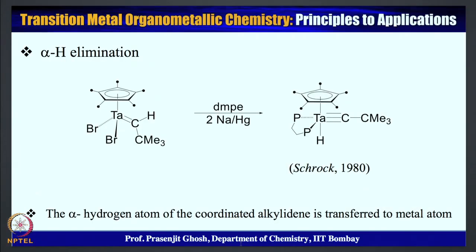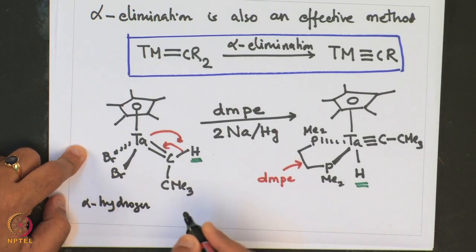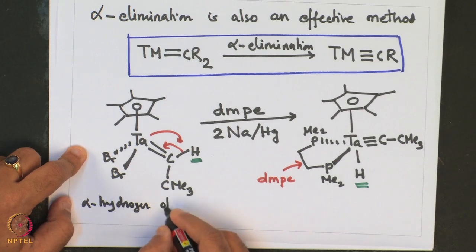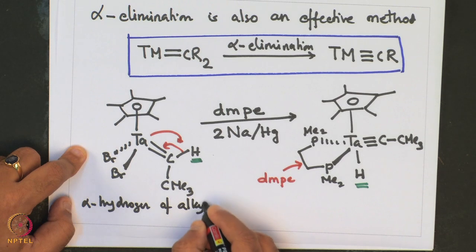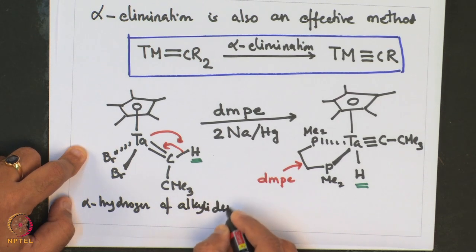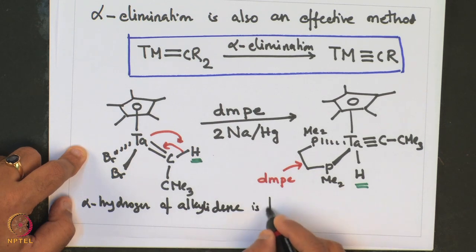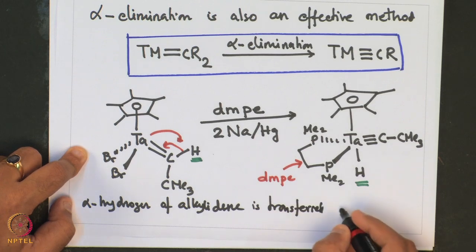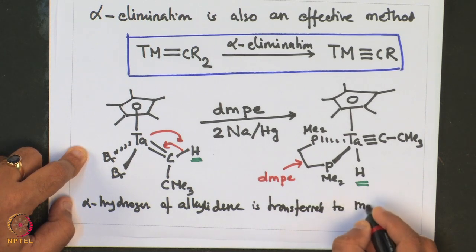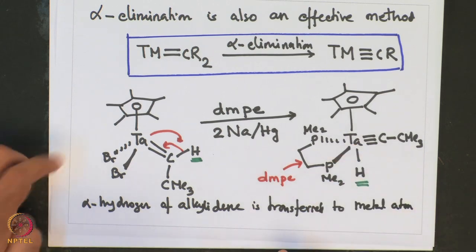So, in this process the alpha hydrogen of the alkylidene is transferred to the metal atom, which is tantalum.